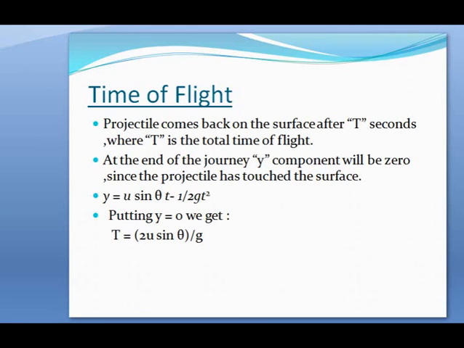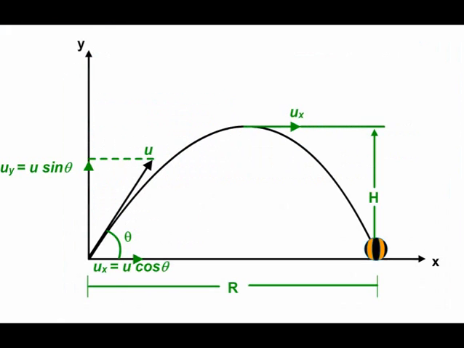Now let's calculate the time of flight of projectile. Once projected, the projectile will come back on the surface after t seconds, where t is the total time of flight. So let's calculate this time of flight. As we can see from here, after time t, which is the time of flight, the projectile is once again on the ground.